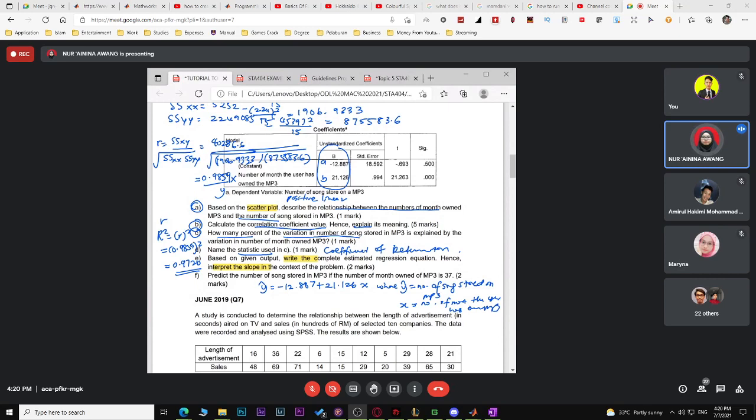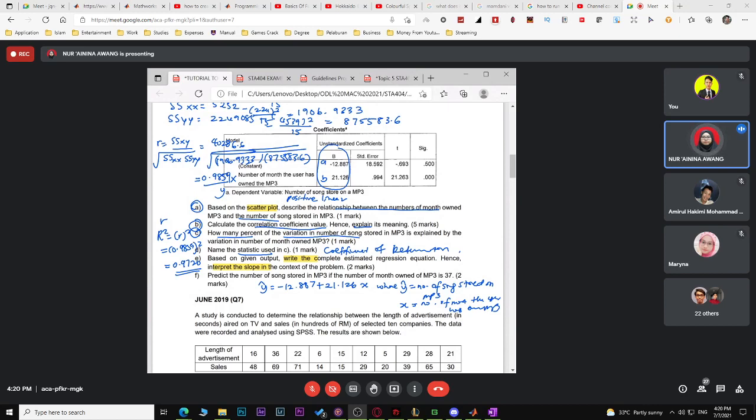Make sure you write your equation and then you state what is your Y, what is your X. Or you can also substitute into the equation. So the number of songs stored on the MP3 is equal to negative 12.887 plus 21.126, and then your X is the number of months the user has had the MP3. That is also fine. But if you are lazy, you just state what is your X, what is your Y.